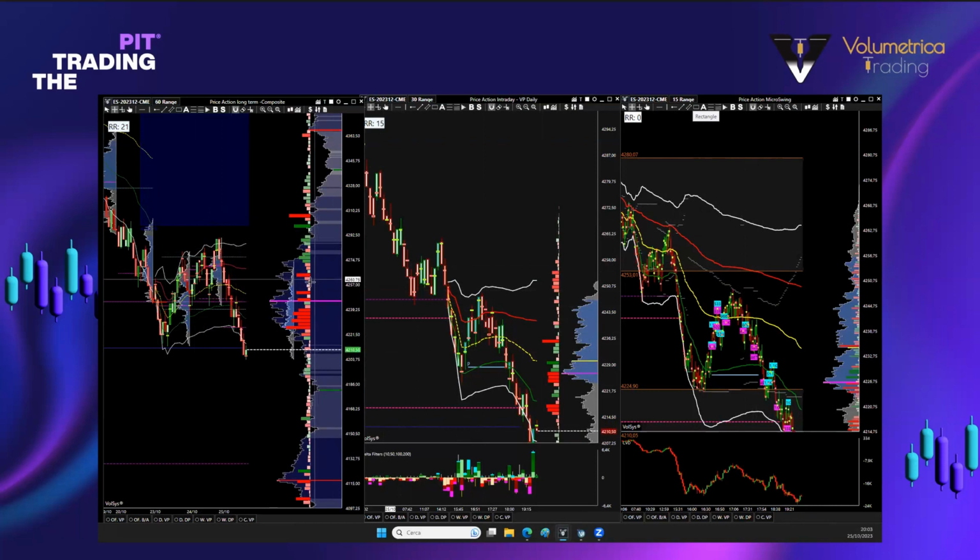First of all, if we look at where price was today when the session opened, we were here. We can see that we are on the upper edge of a bell-shaped curve on the composite volume profile.